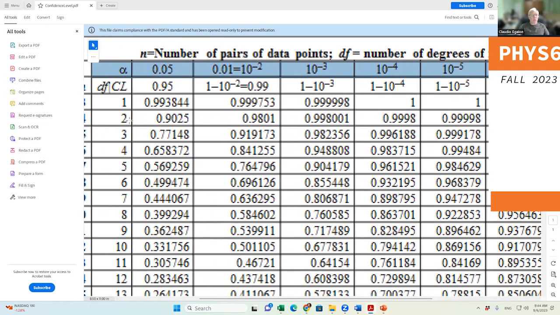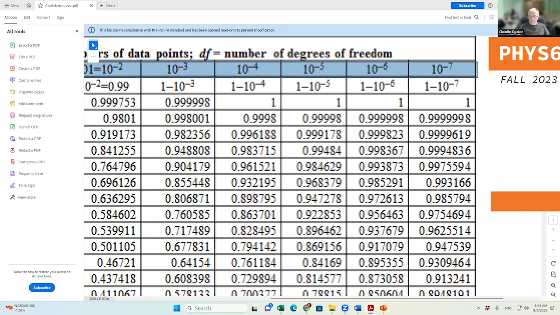CL plus alpha is equal to 1. Okay, that's the formula. If CL is 1, alpha must be what? Alpha must be 0.